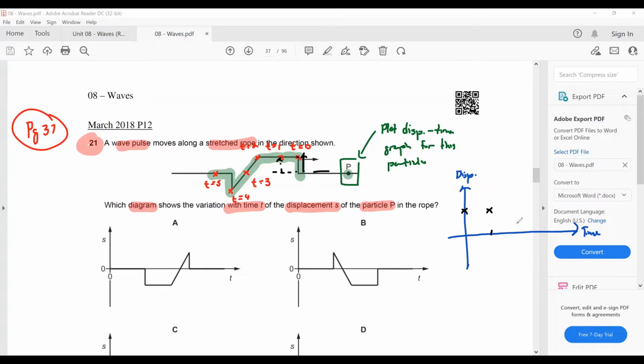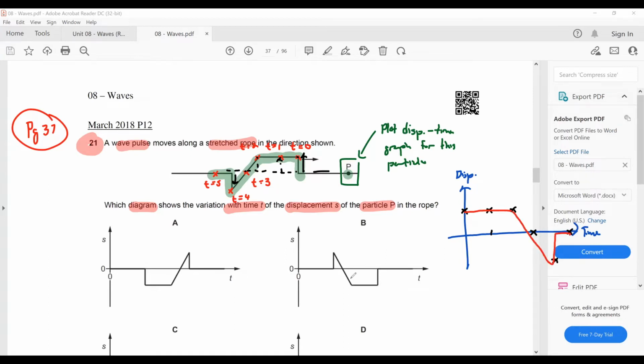At t equals 2, it's the same, over that same displacement. And then at t equals 3, it will be here. At t equals 4, it will be downwards like this. And then at t equals 5, you'll go back to the original shape. So if you trace out the shape, it actually looks like this.